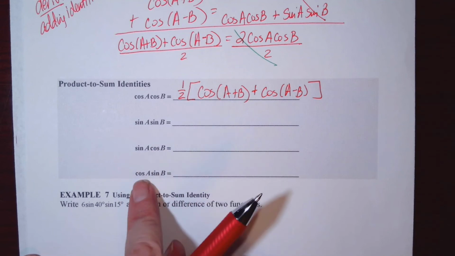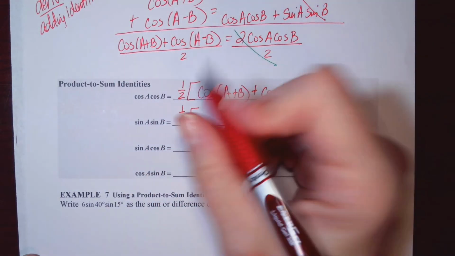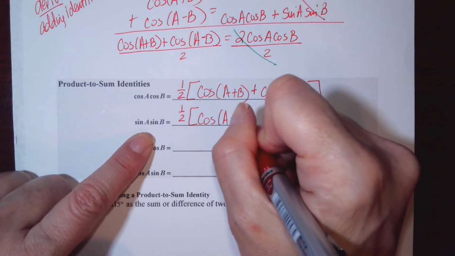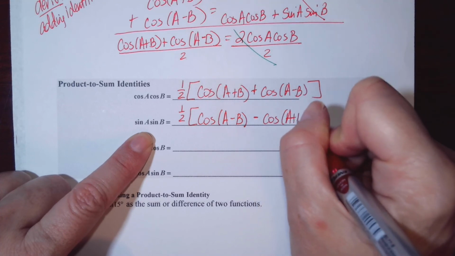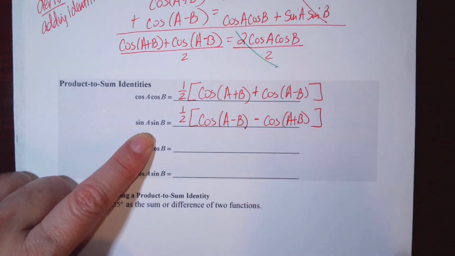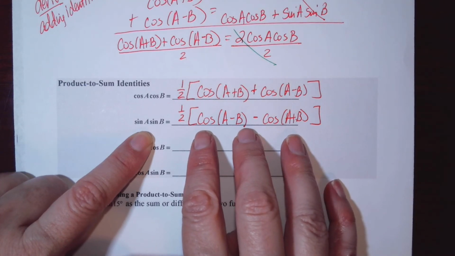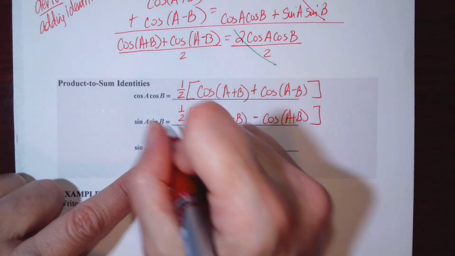So, let's go ahead and copy these down. Notice that for sine A, sine B, you have your cosine difference minus the cosine sum inside my brackets. You don't have to memorize these, but you do have to pay attention to where those algebraic signs go, those pluses and minuses. That makes a big difference.